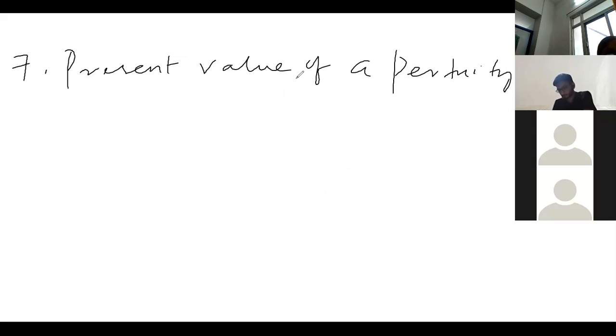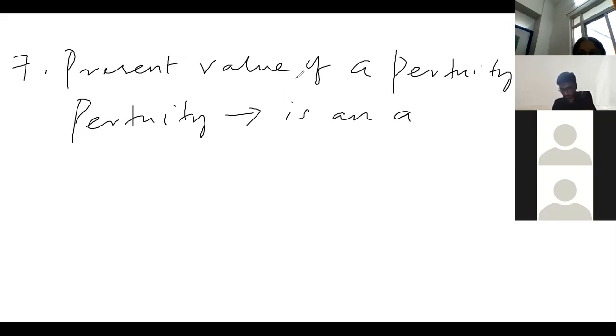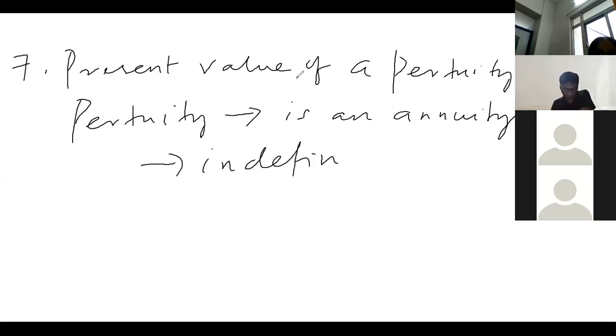Before that, you write: a perpetuity is an annuity which goes on indefinitely.